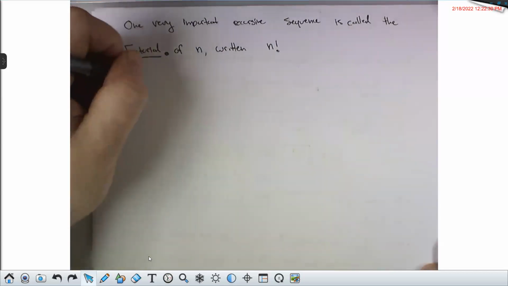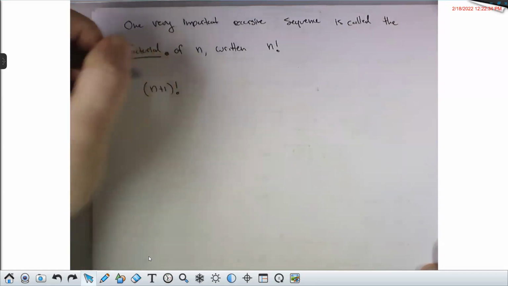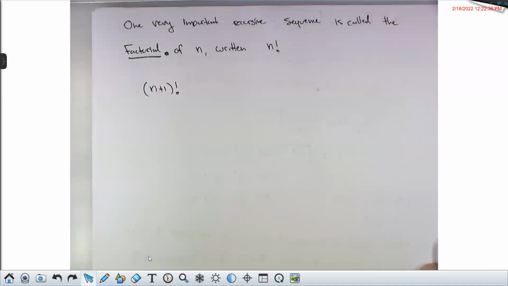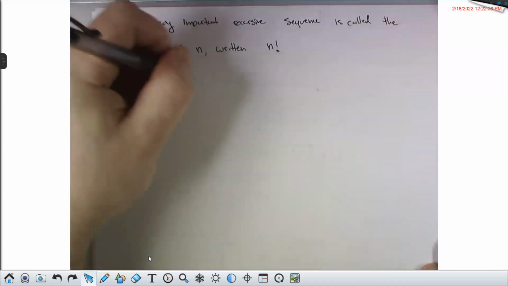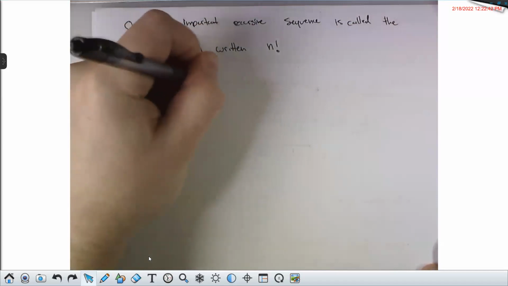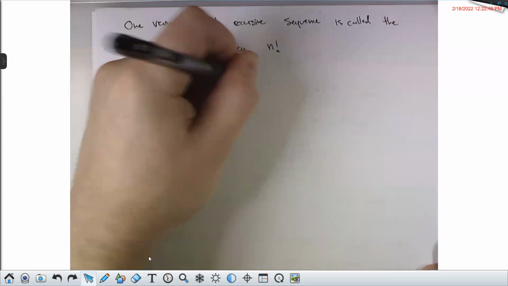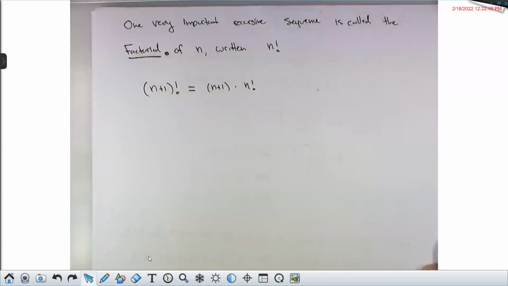The recurrence relation is that (n+1) exclamation mark, or (n+1) factorial, is defined to be (n+1) times n factorial.